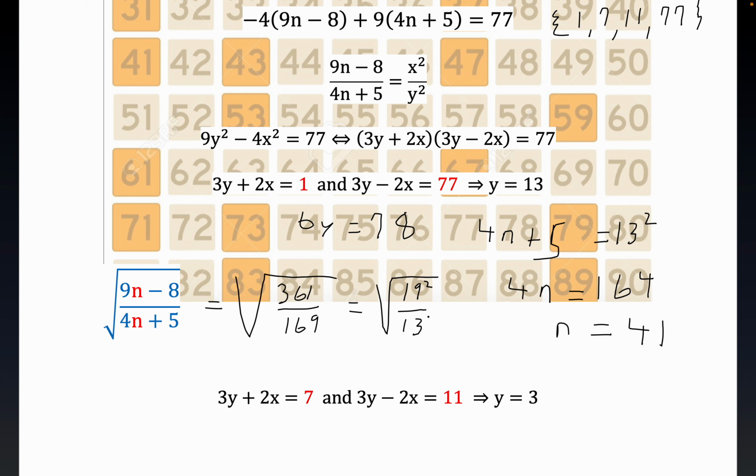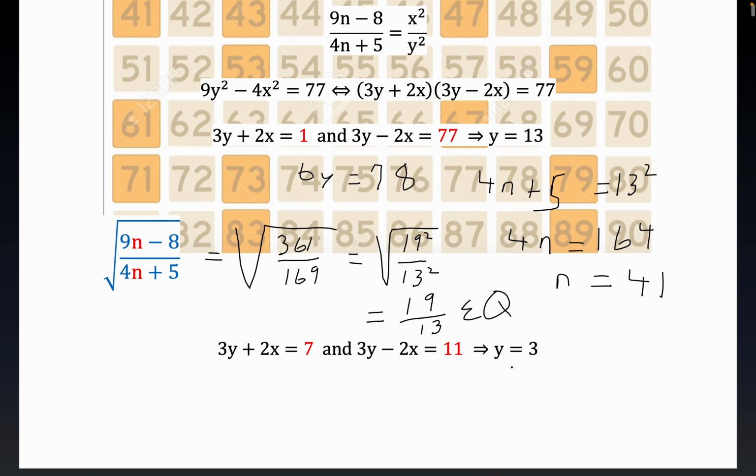And we can see the light at the end of the tunnel, and we have an element that's certainly a member of Q. 19 over 13 is a member of Q. That's kind of cool. And I think I've covered my bases here.